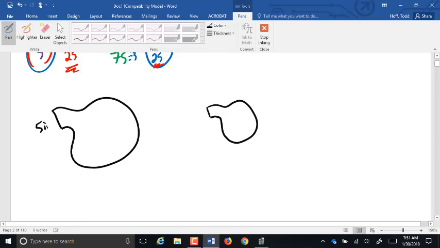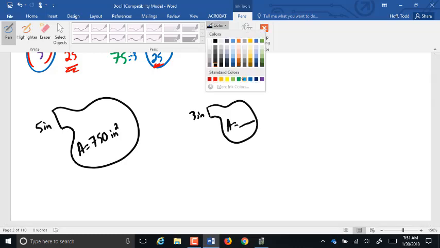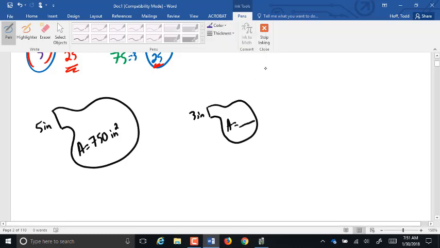And let's say this is 5 inches and reduce it to 3 inches. And we say the area of this is 750 square inches. And I want to know the area of that. We can actually find that area. If I know that this is a reduction of this bigger one, I can do the ratio of lengths.